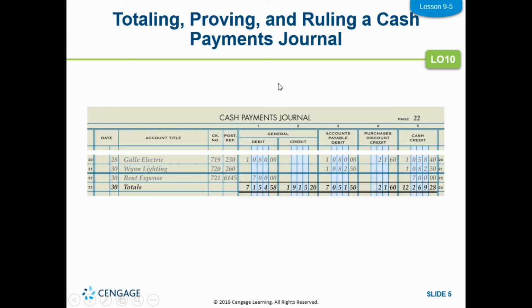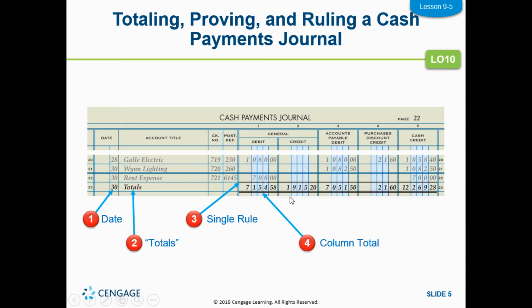All right. Okay. So we get down, we put the totals, put the date. This would be a month with 30 days in it. Totals, single rule, column total for all of our accounts there, and double rule.